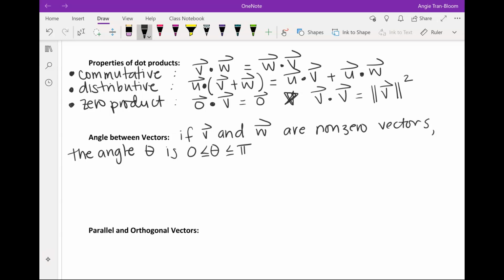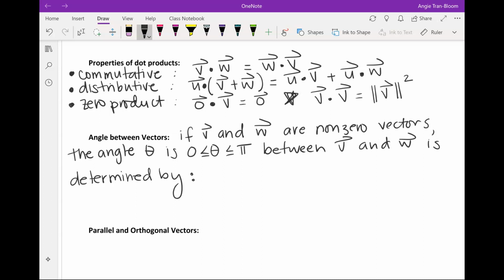So theta is restricted to 1 and 2 only. The angle between vector v and vector w is determined by, all right, here comes the formula: cosine of theta equals the dot product of v and w divided by the product of their magnitudes.